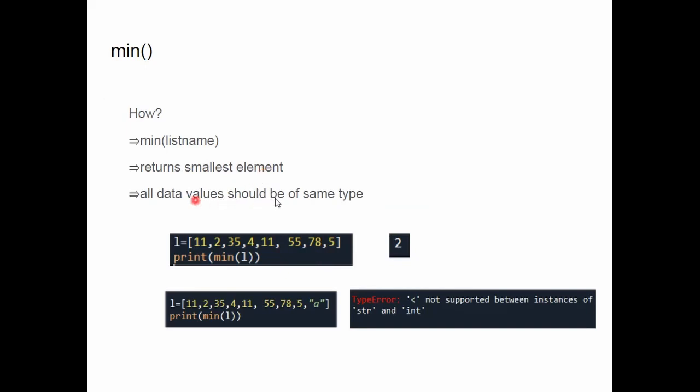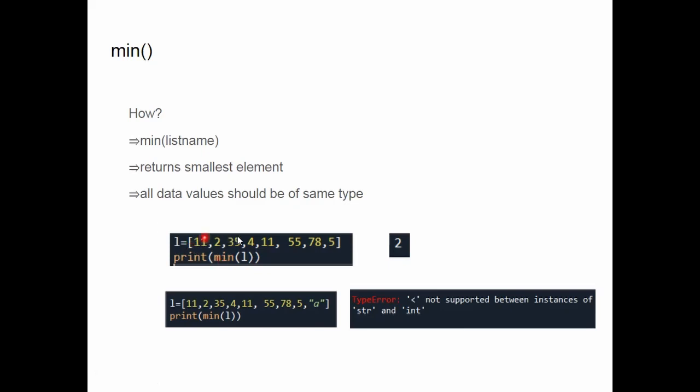All the data values should be of the same kind. We cannot have different data values whenever we are using the min function. The min function can be used with floating point numbers, with characters, with strings, and with integer numbers, but we cannot mix them in your list.